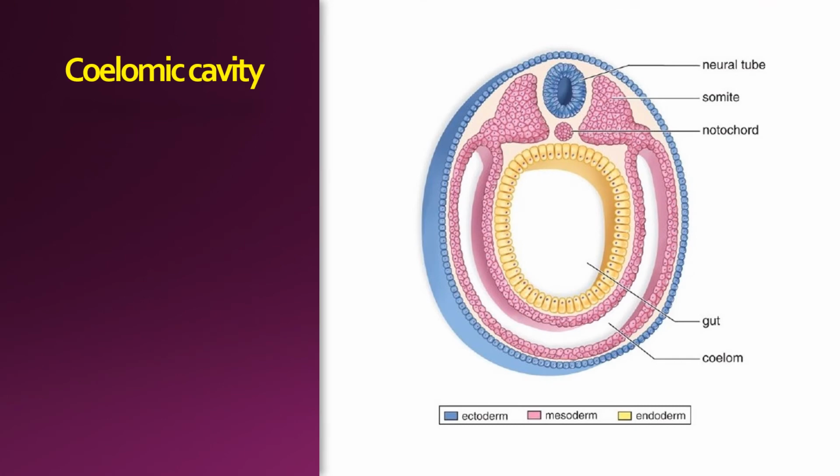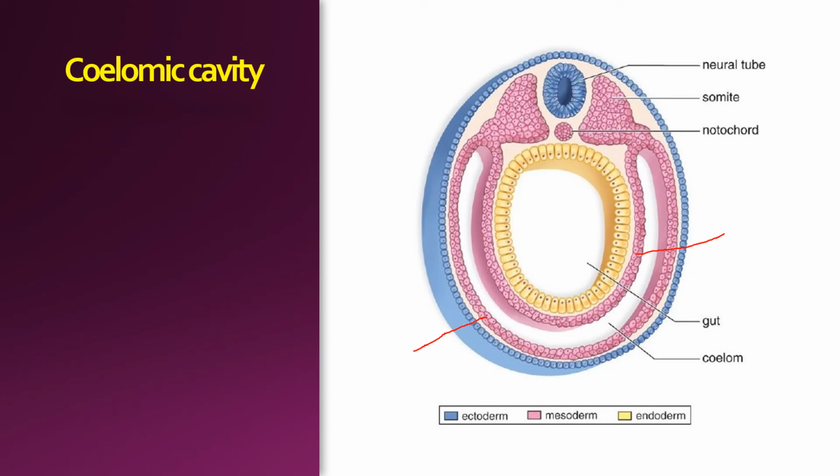In the coelomic cavity, under the endodermal cell layer, we can see a layer of the mesoderm which is called splanchnopleure. And under the ectodermal cell layer, the outer layer of the mesoderm is called somatopleure. These are the two differentiating layers derived from the coelomic cavity.